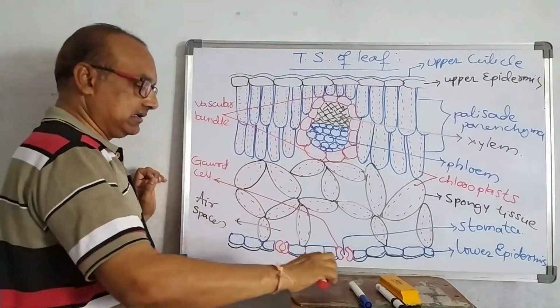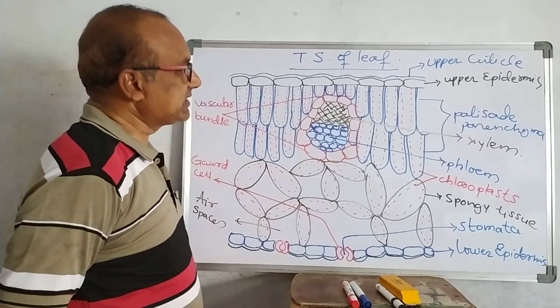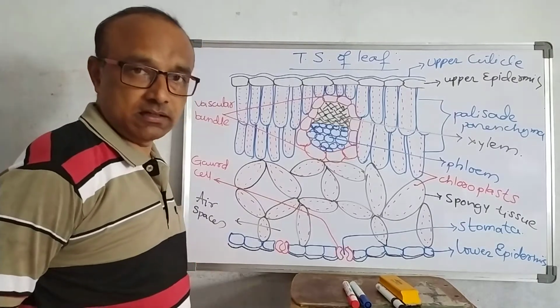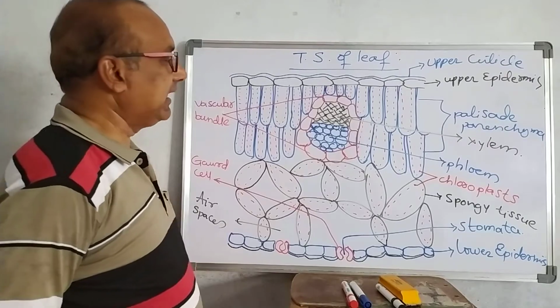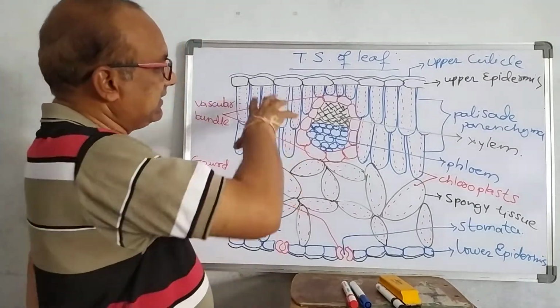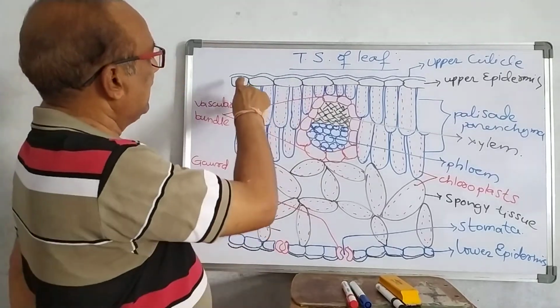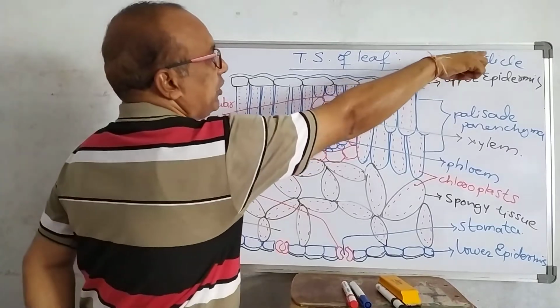So when we cut a leaf very thin in a single stroke and put it on the slide and add one drop of water and press it with a cover slip and the blunt end of the needle, then you can see the arrangement of cells in the transverse section of leaf. The upper layer of the upper surface of the leaf is called upper cuticle.